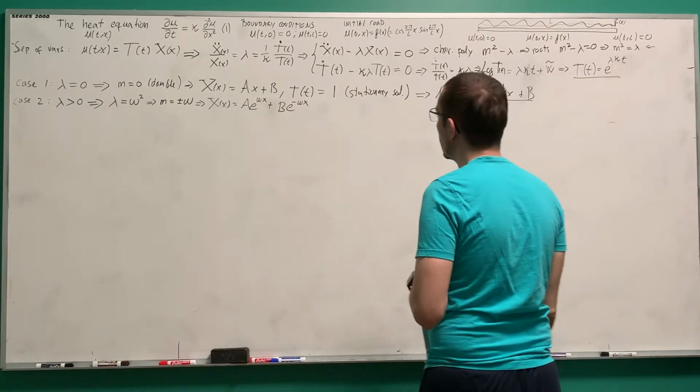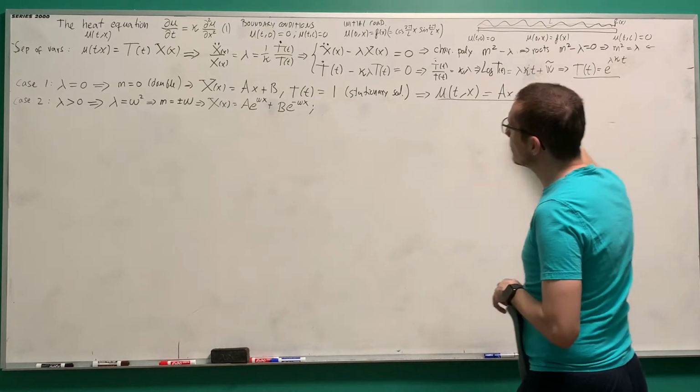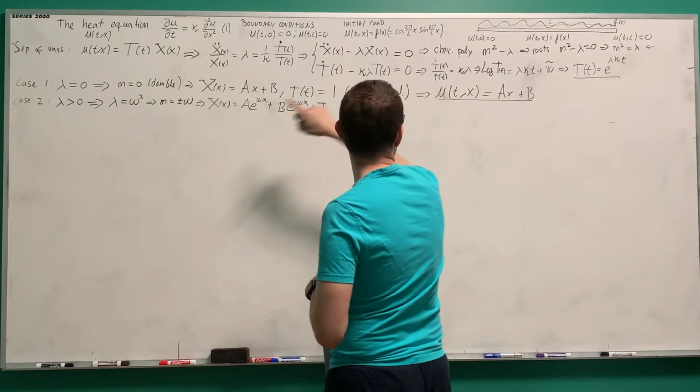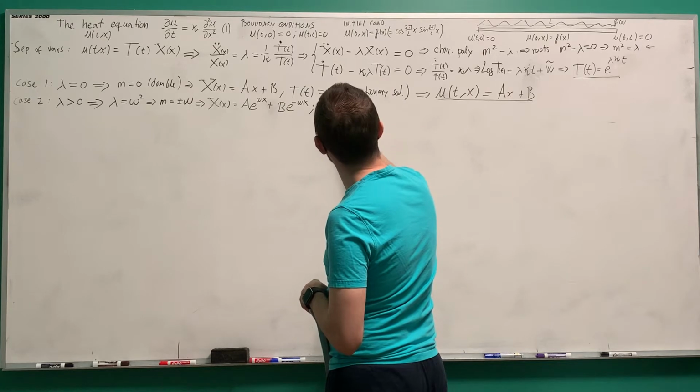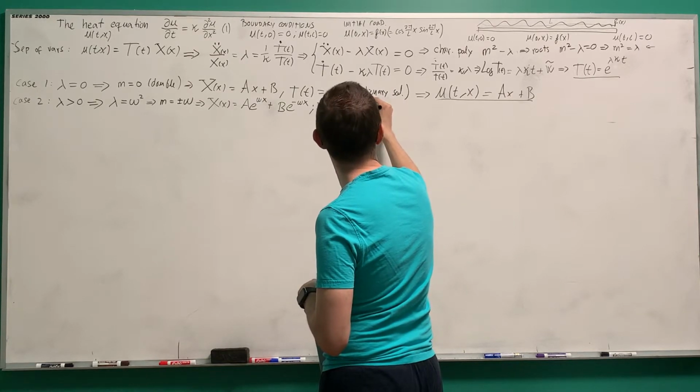That's the solution. And now we can write T of t, substituting lambda by omega squared. We know that this is equal to e to the omega squared kappa t.